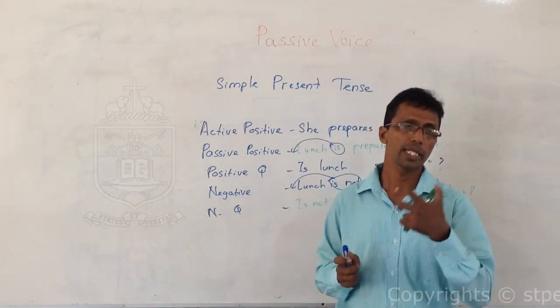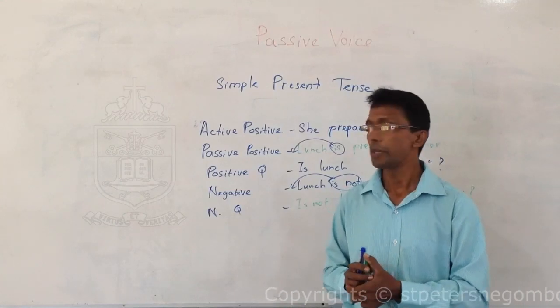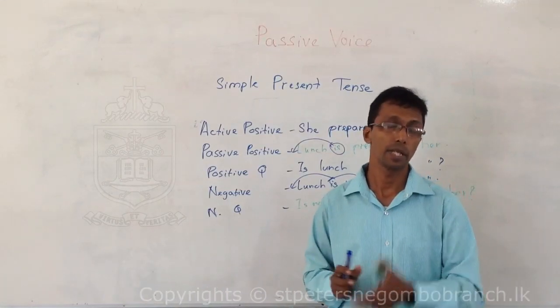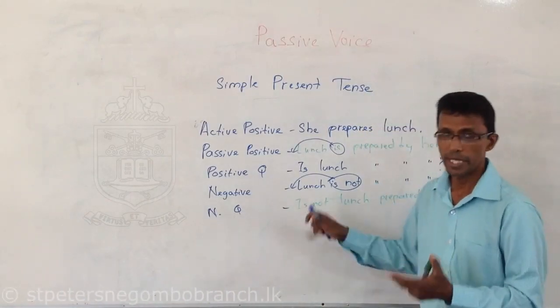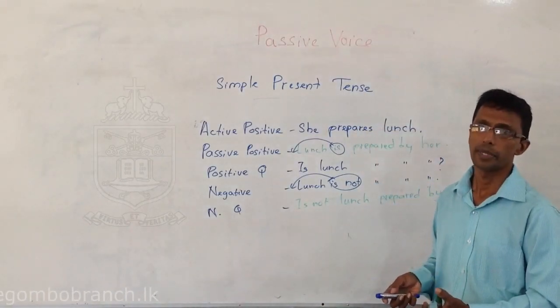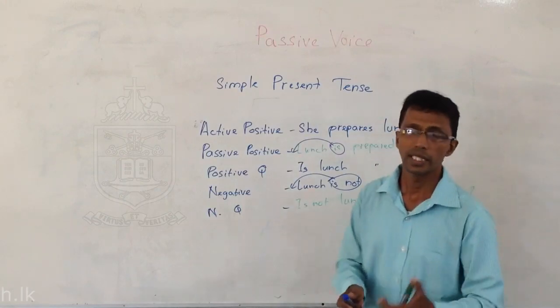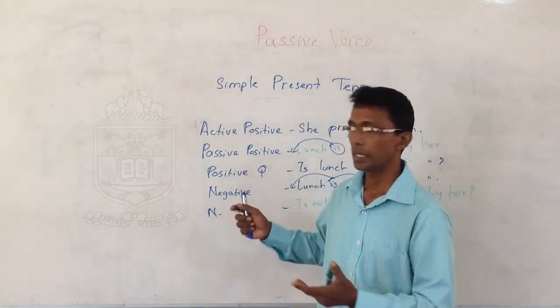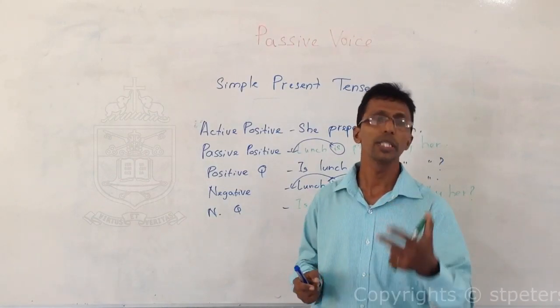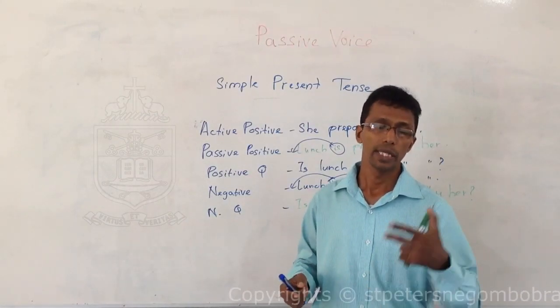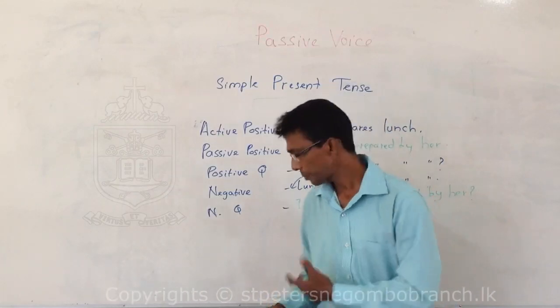Isn't she, or doesn't she prepare breakfast or lunch or dinner, anything? So this means the negative form, right? We are asking as to whether she is not doing the action or the actions that she should do, or that she is supposed to do.